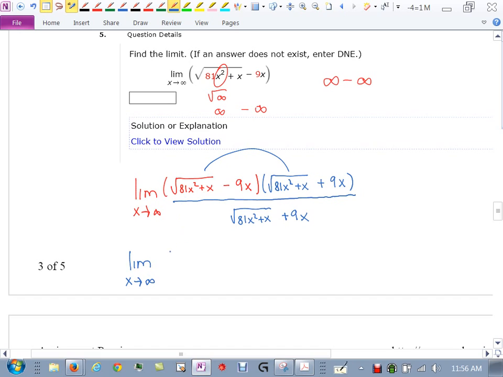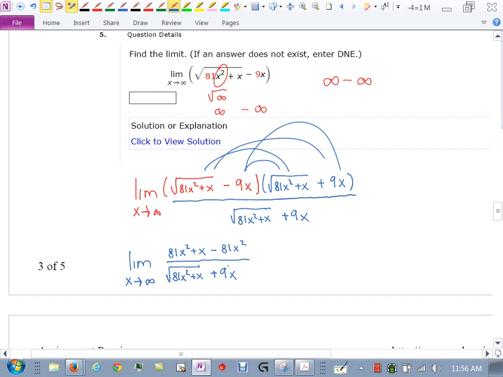And the roots go away, so I'm left with 81x squared plus x. We know the middle terms, this one and this one, will cancel. The last term I'll have is a negative 81x squared. And then that's all over this conjugate thing.